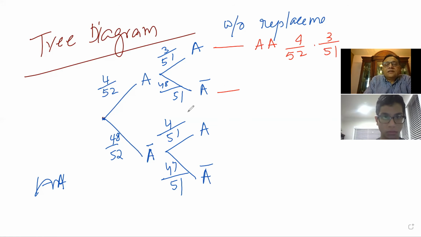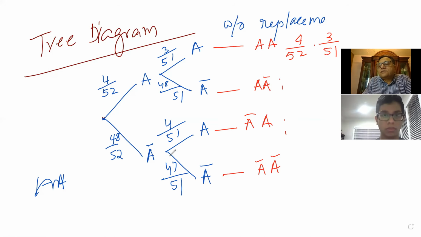Now, in this case, the output is A bar. In this case, the output is not A's, but A's second time. In this case, not A's and not A's. Is that okay? Multiplying the numbers which come on these paths will give you the probability, correct?